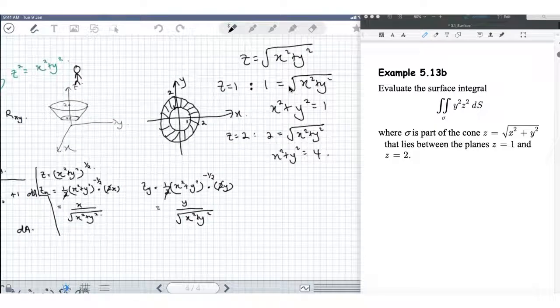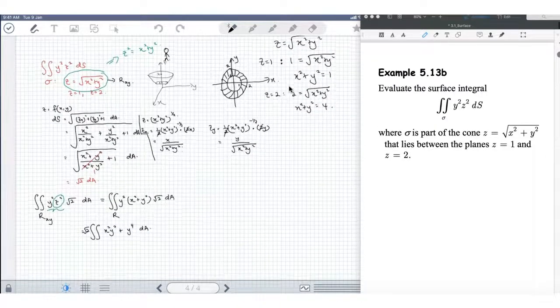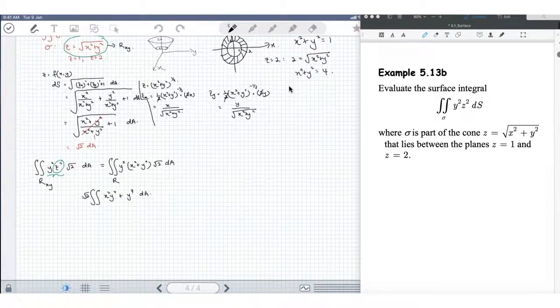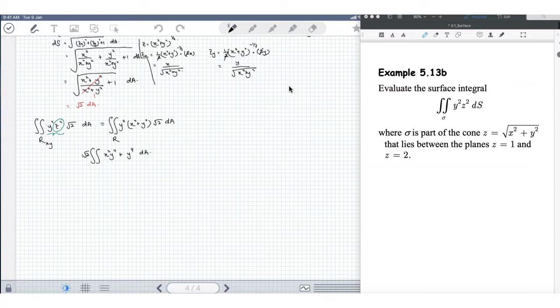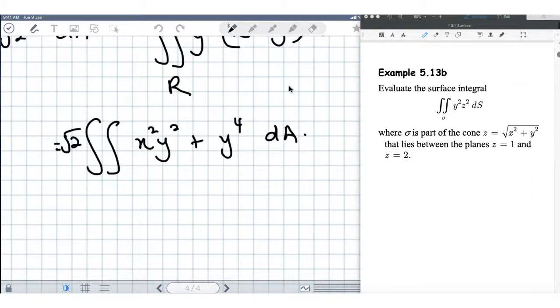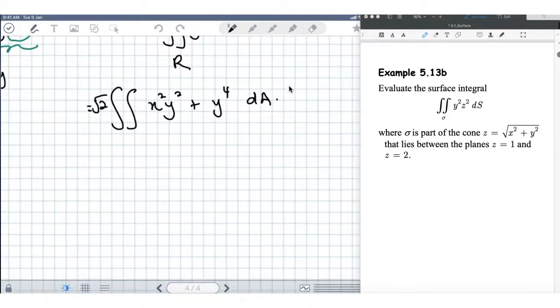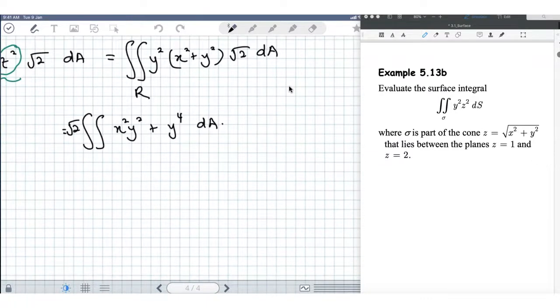Since your region here is a circular region, I don't want to proceed with the calculation using Cartesian, because it can be solved but it's quite tedious. So I want to solve this using polar.